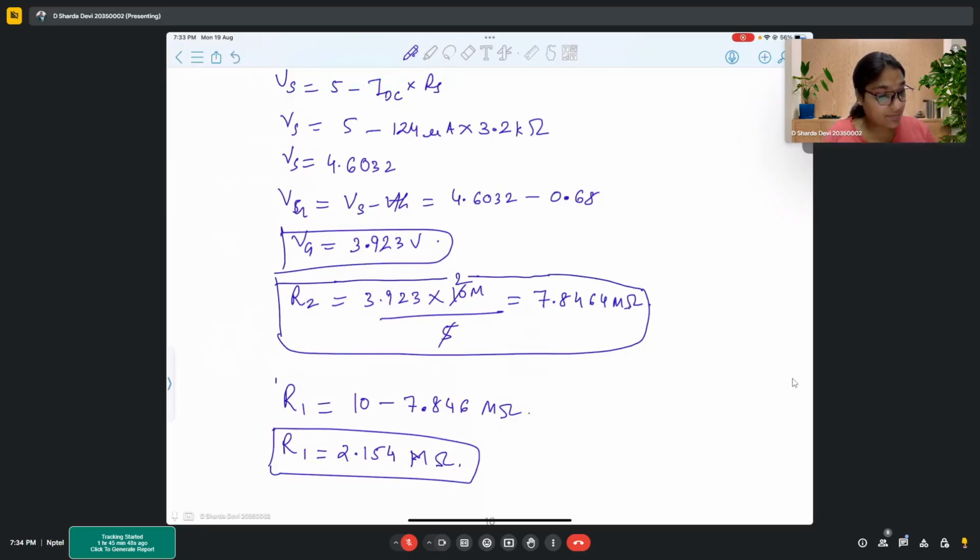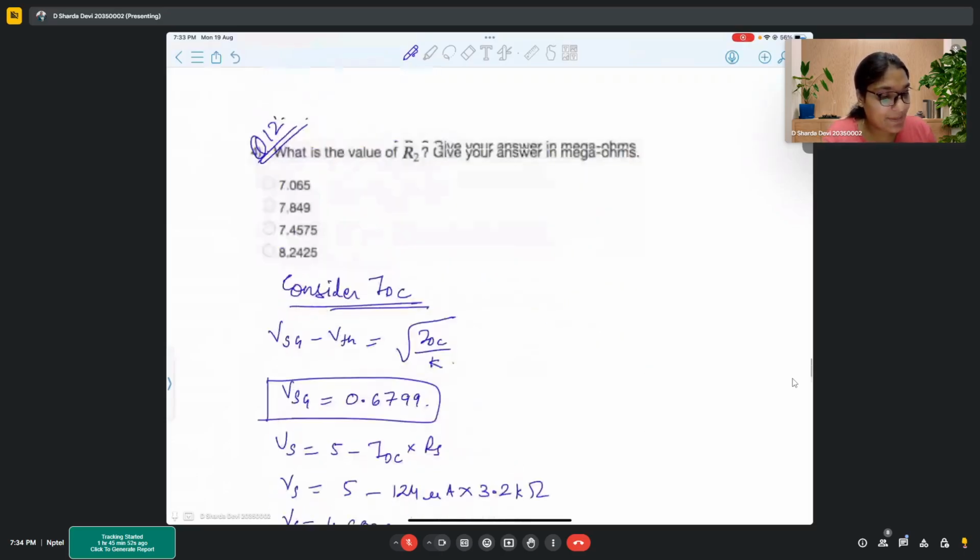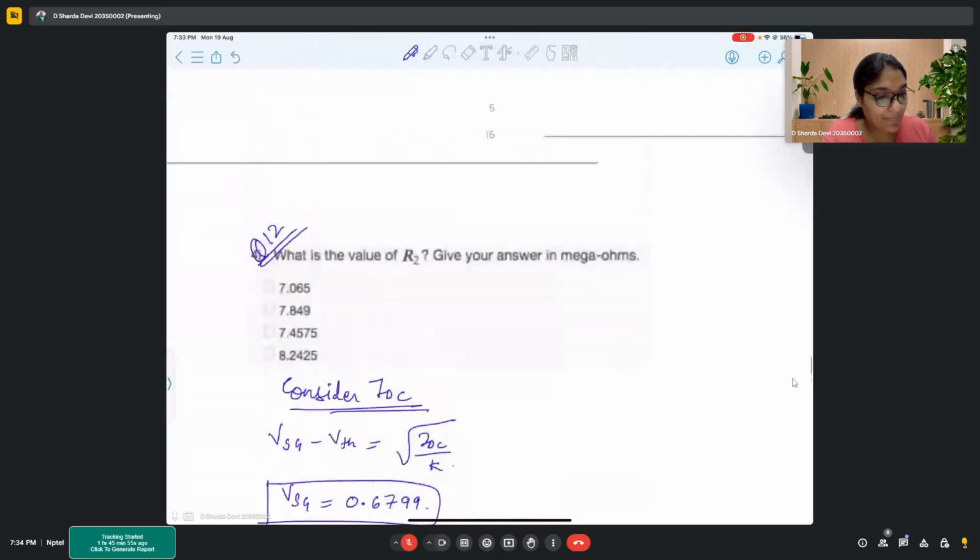So this is the value of R1 and R2 that we get, considering the total current to be only IDC.